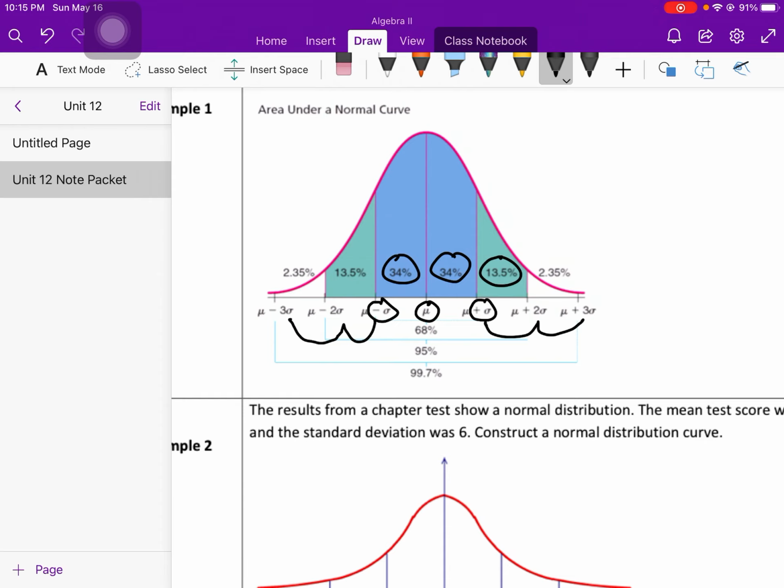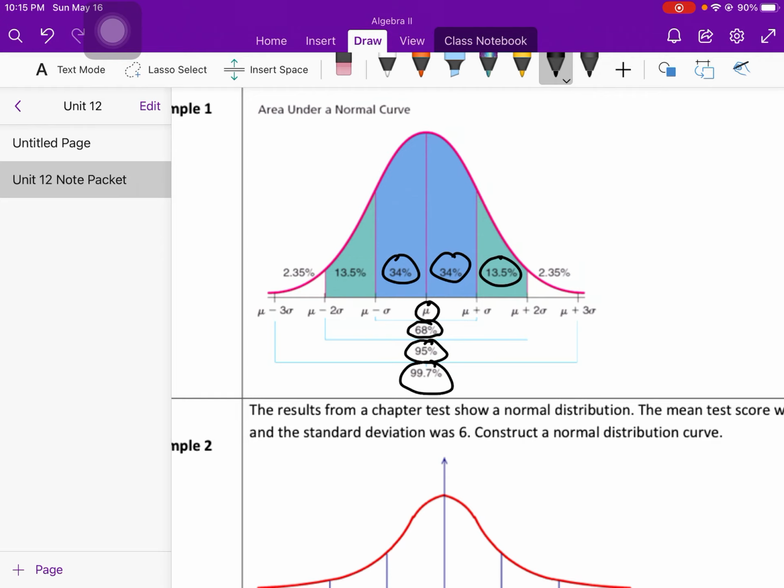Another thing I want you to notice: in between one standard deviation, where we add and subtract, the first number that we get is 68%. The next significant mark is 95%, which is from 2 standard deviations above and below the mean.